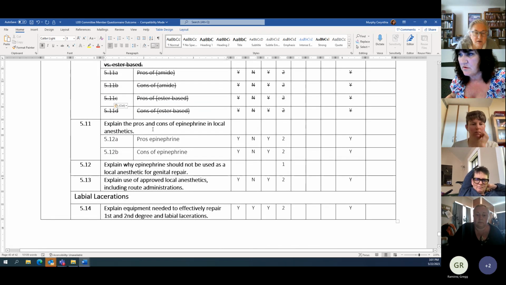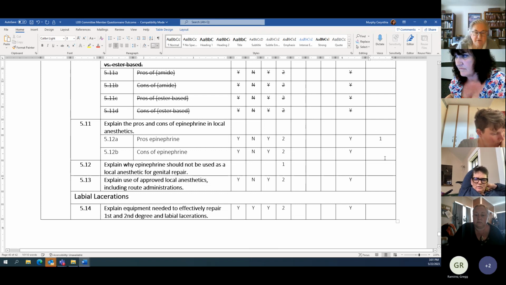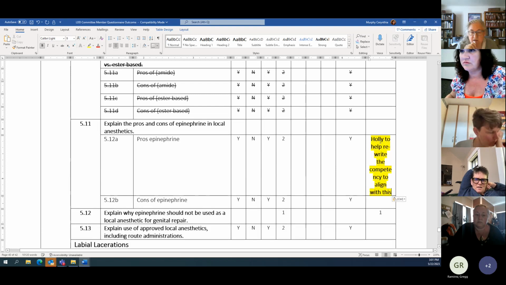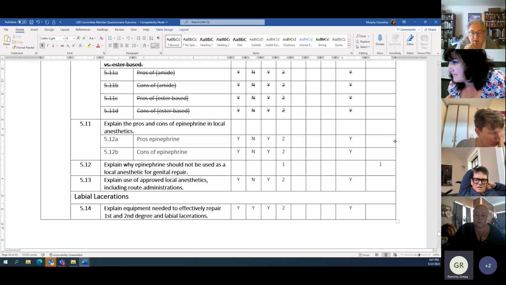Okay, so on this one, the pros and cons of the epinephrine and local anesthetics, to me, that's a 1. 511 to me is the most important one is 5.12, why we shouldn't use it for local anesthetic. That's all I think is necessary. I would say the other 2 are 3s.